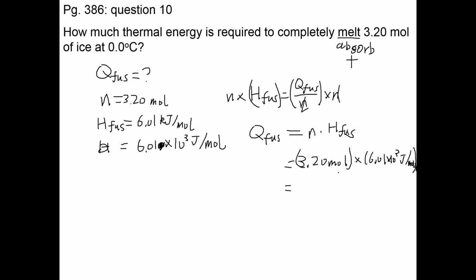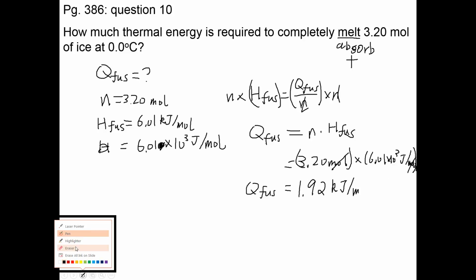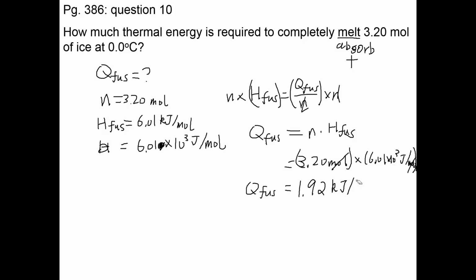And I got, with correct sig dig, straight to the answer, by the way. I'm trusting you can calculate and round without going through the process. 1.92 kilojoules. Not kilojoules per mole, just kilojoules, because the mole and the mole cancel.